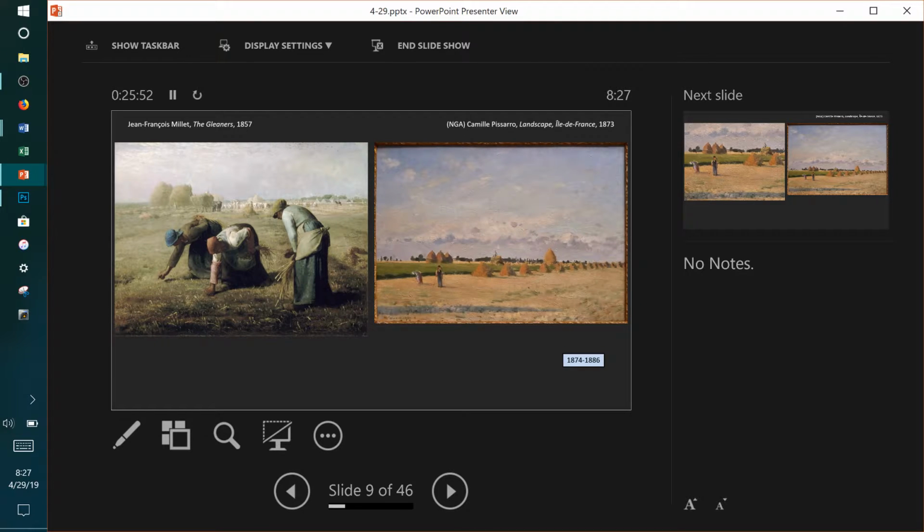Now look at Pissarro. Who's working the field? They're the farmers who own the land, working for their own profit, not working for the profit of some boss somewhere.